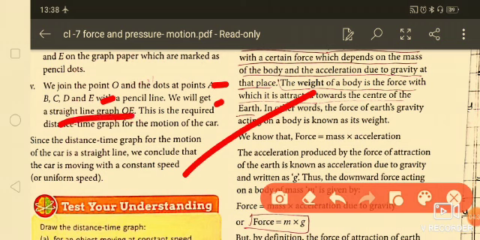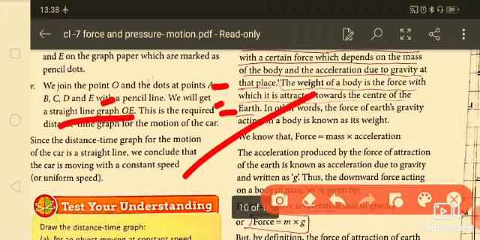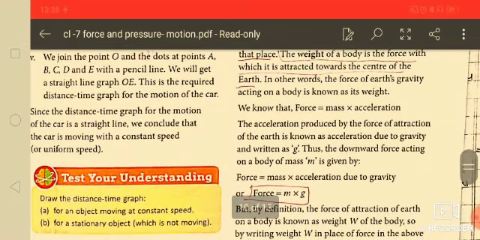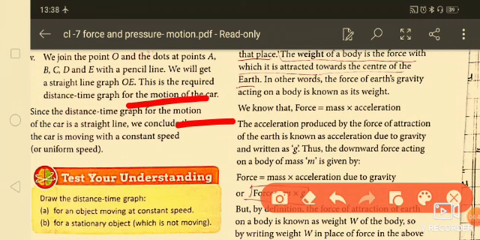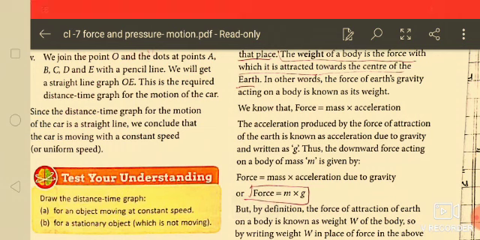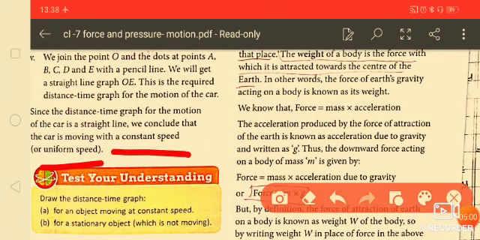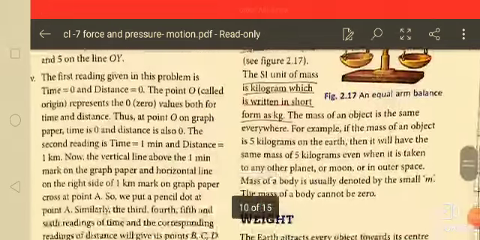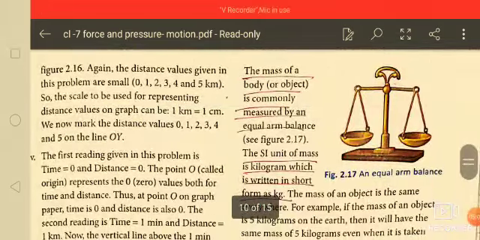We will get a straight line graph OE. This is the required distance-time graph for the motion of a car. Since the distance-time graph for the motion of the car is a straight line, we conclude that the car is moving with constant speed. That means the car is moving with uniform speed.